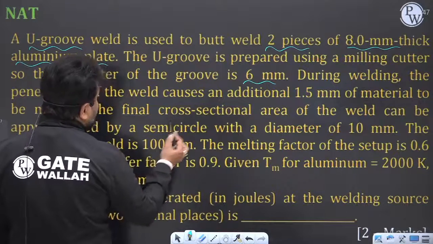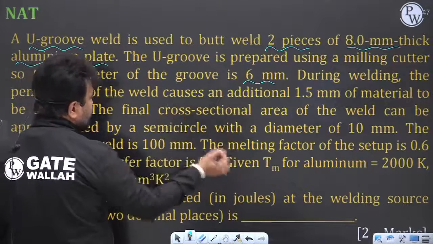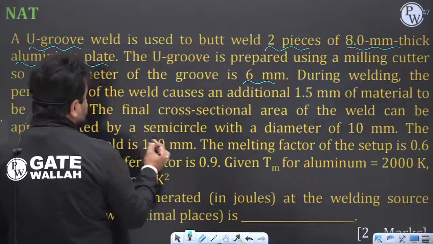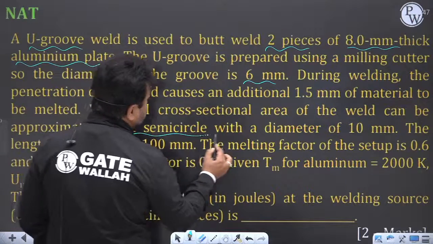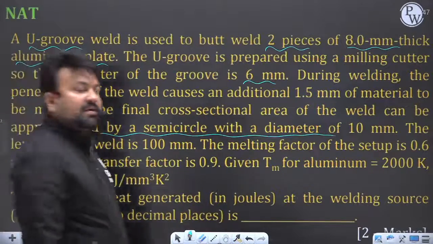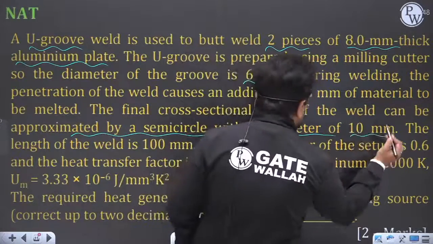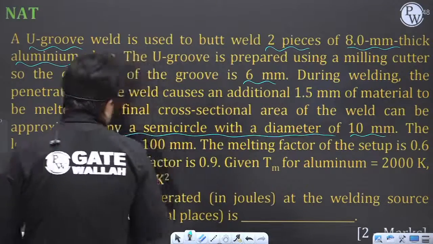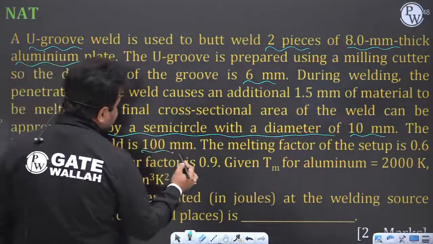He is finally assuming that the final cross-sectional area is approximated as a semicircle with a diameter of 10 mm. The length of the weld is given, that is 100 mm.